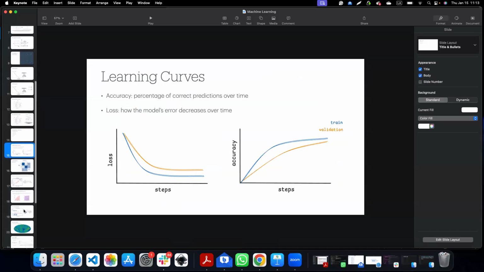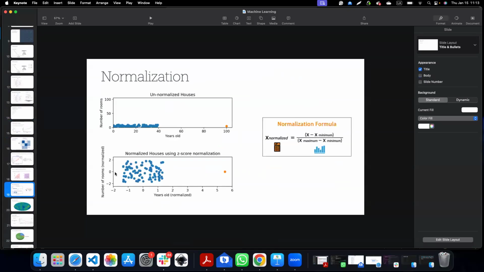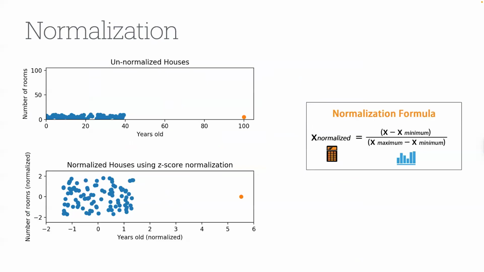So let's go to this part, normalization. I didn't explicitly write an example of normalization, but you are going to have to use it in the afternoon session. It's very simple. You just have to import it from scikit-learn. The idea is that when you have data that are not normalized, it's difficult to compare, right?